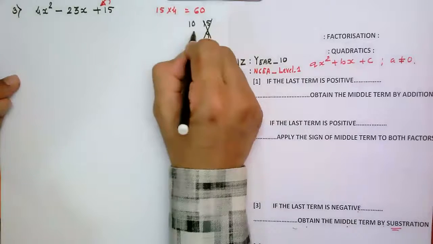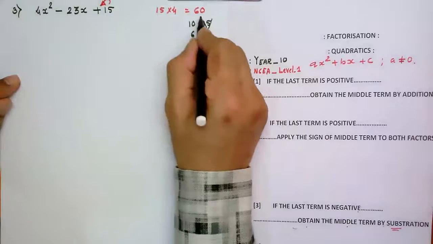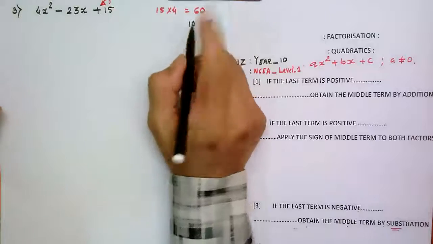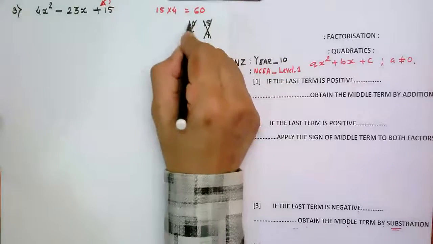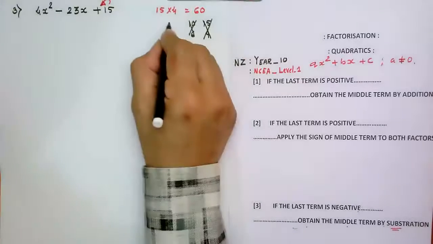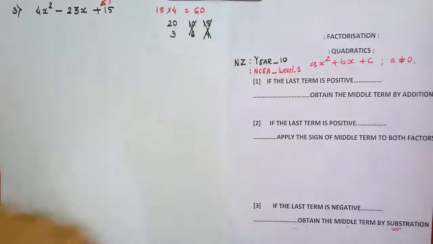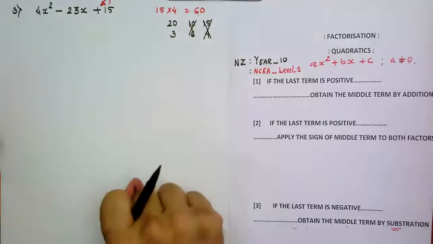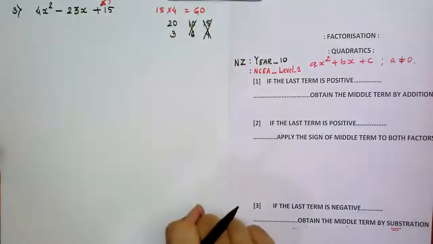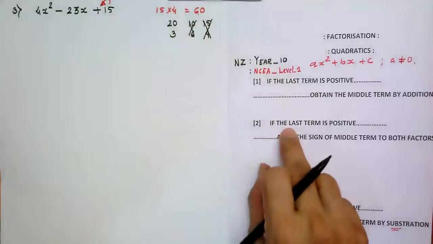10 times 6 is 60. But 10 plus 6 is 16, not 23. So these are not the factors. 20 times 3 is 60. 20 plus 3 is 23. That's fine. So these are the demanded factors. Now, second rule.